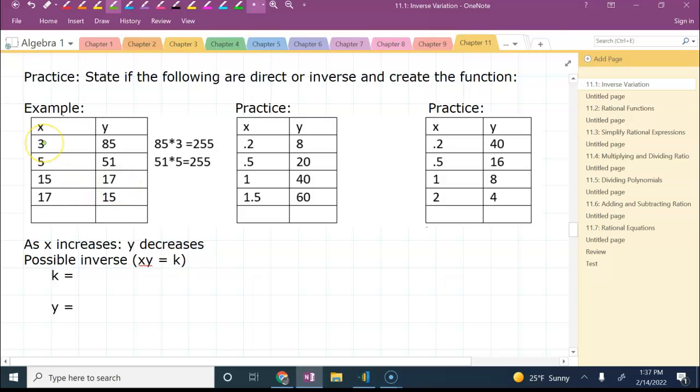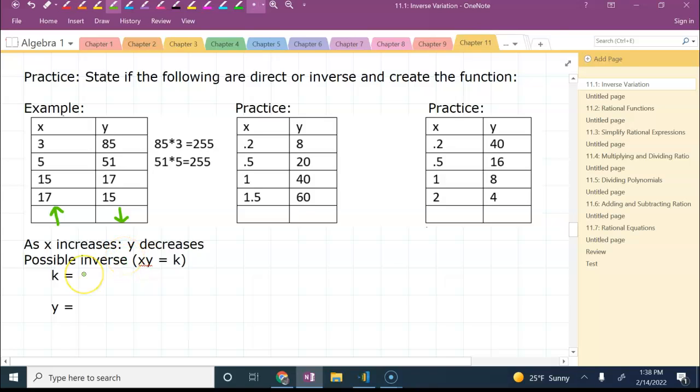For my x's, it's going 3 to 5 to 15 to 17. All those are going up. And for my y's, it's going 85 to 51, 17, 15. All of those are going down. So they're behaving differently. This is probably going to lead me to think that this is an inverse variation because they have opposite behavior. One is going up, one is going down. So I'm going to say that it's an inverse function.